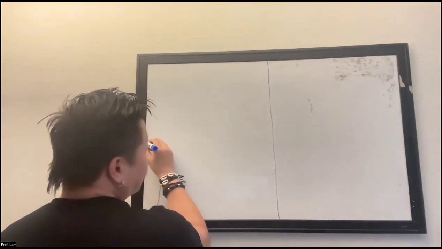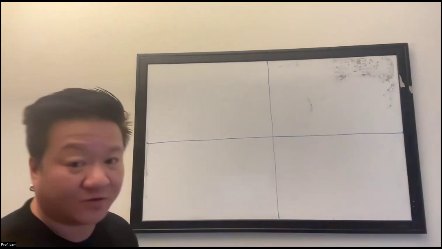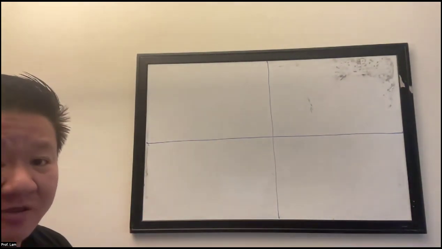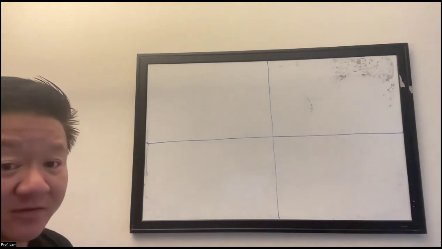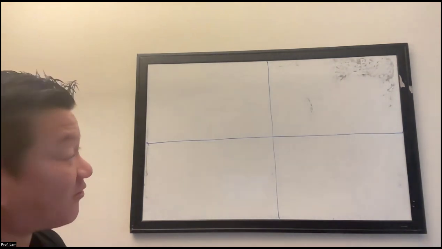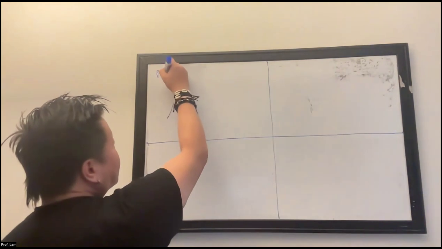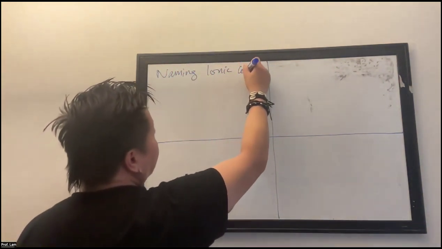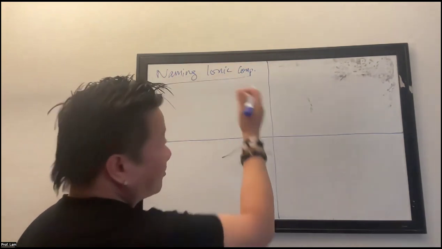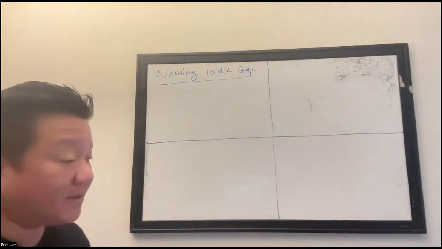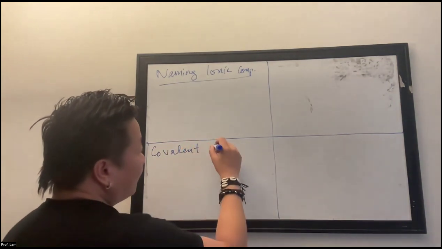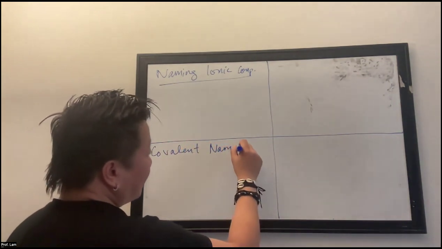You are going to divide it into 4 quadrants like that. And so that's going to represent each classification of compounds that we're going to learn how to name. So the first one is ionic compounds. Okay, that'll be your first quadrant. And then the next one, you can label covalent compound naming.